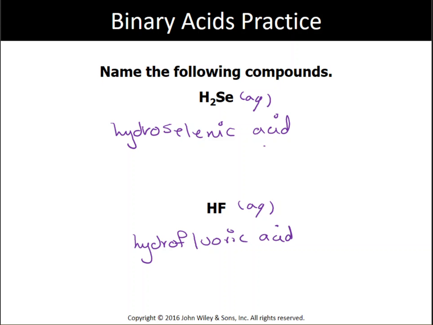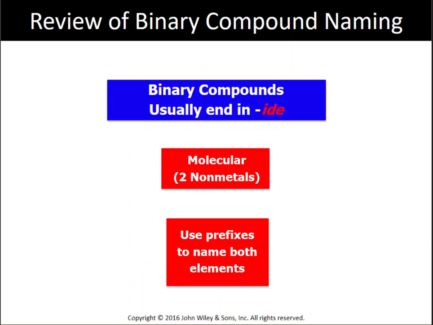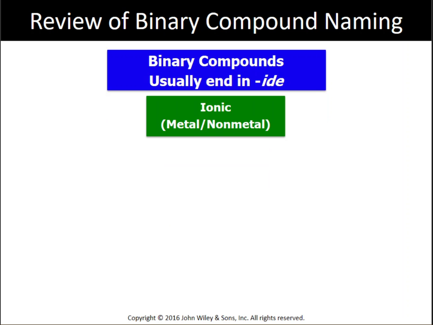So let's just review the naming for binary compounds. For binary compounds, we have two types, binary ionic and binary molecular. If your compound is binary molecular, composed of two nonmetals or a nonmetal and a metalloid, you use prefixes, mono, di, tri, tetra, to name them. Now, if you have a binary ionic compound, that's when your compound is composed of a metal and a nonmetal.